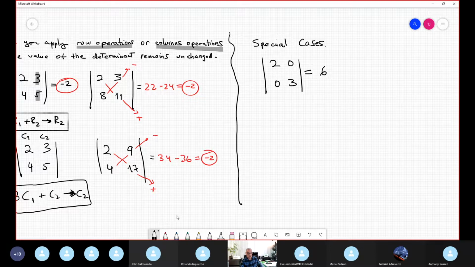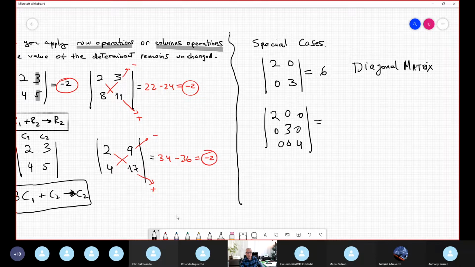And this kind of matrix is called a diagonal matrix, because we have values only in the main diagonal. Suppose one more complicated. 2, 3, 4, and the rest is 0.